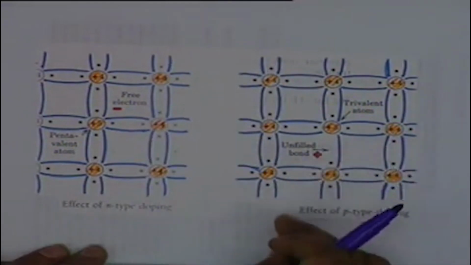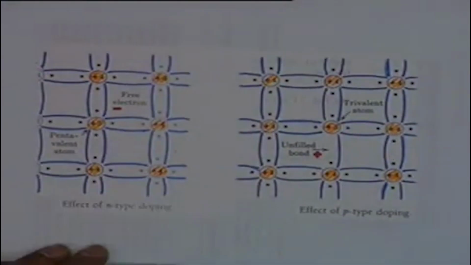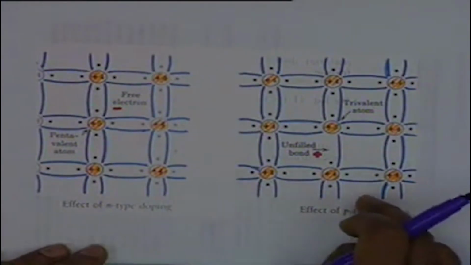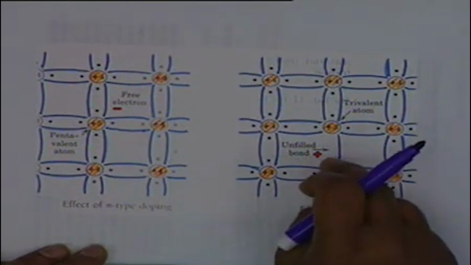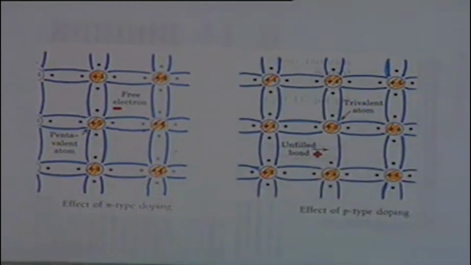Therefore, it is able to accept an electron knocked out thermally or otherwise from another atom. So, it is called an acceptor atom, or since it creates a positive charge, it is also called a p-type doping, and this is the point we shall start from next time.